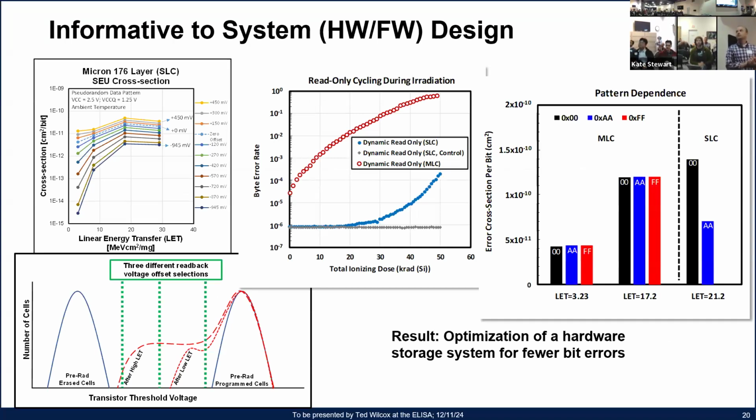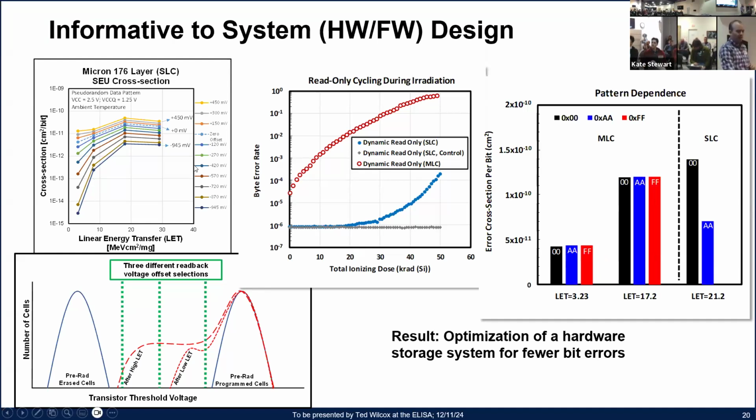So we are characterizing things like, upper left, different read offset voltages. These are commercial features designed to increase the lifetime of the device, improving retention and endurance specs of the device. But we can also use them because we know that single event upsets can only push our data one direction. So if we shift the read offset voltage the other way, we can build essentially a customizable tolerance to radiation.